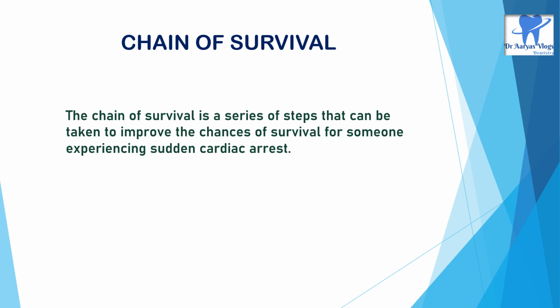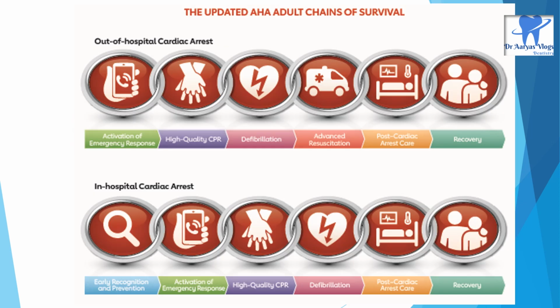What is a chain of survival? It is a series of steps that can be taken to improve the chances of survival for someone experiencing sudden cardiac arrest. This is the updated AHA adult chains of survival. This is out-of-hospital cardiac arrest and this is in-hospital cardiac arrest.